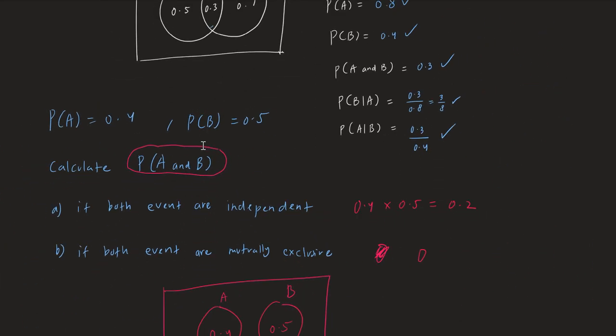Okay, I will show you independent events and dependent events using a Venn diagram.